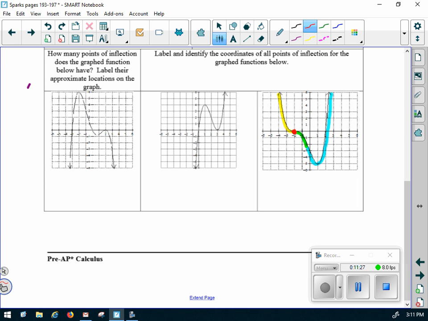So somewhere in this neighborhood here, maybe? How are we going to find that one? The midpoint between what? It's not between two extrema. I'm going to find the midpoint of what segment? Between where and where?